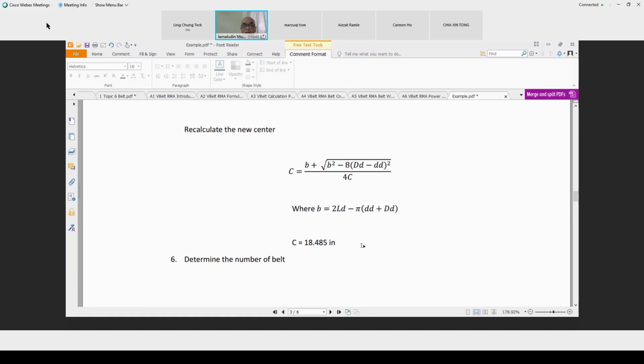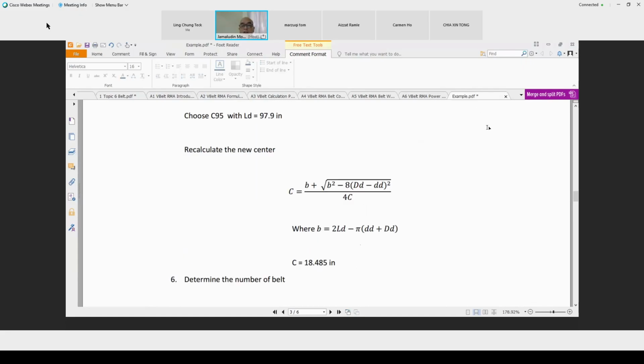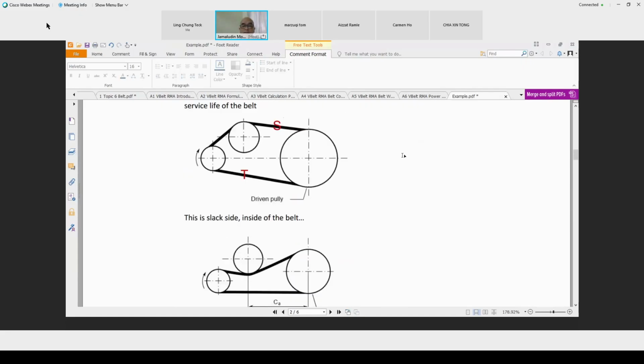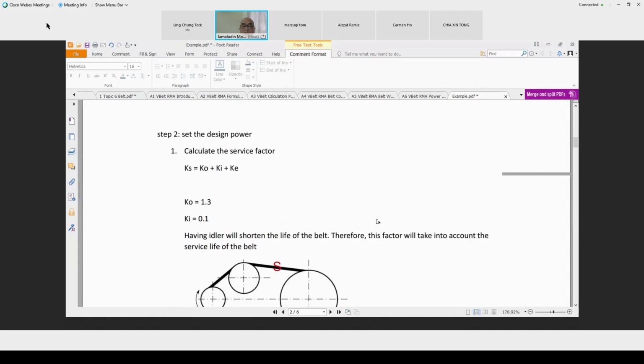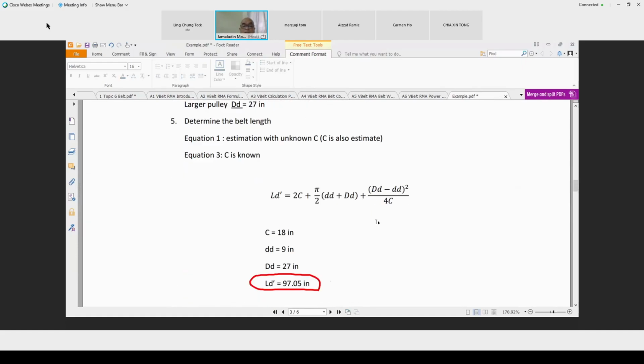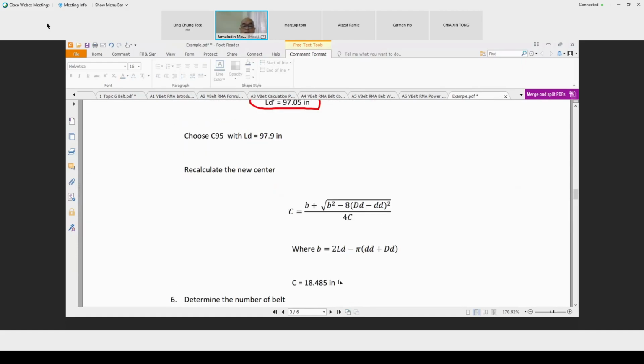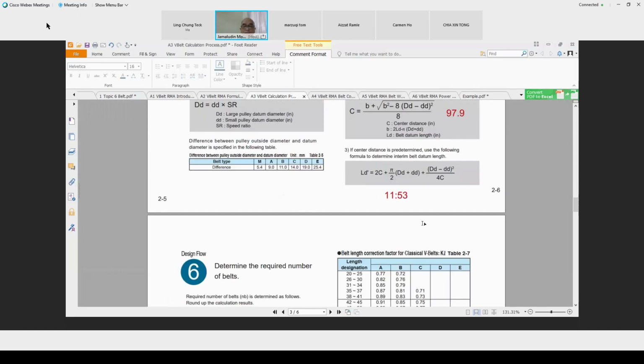Because we use a longer belt, the C should be larger. At the end of the day, this is going to be your configuration: 9 inches, 27 and 18.485. Is it right? That will be the final configuration for our pulley system. That will be step number 5.